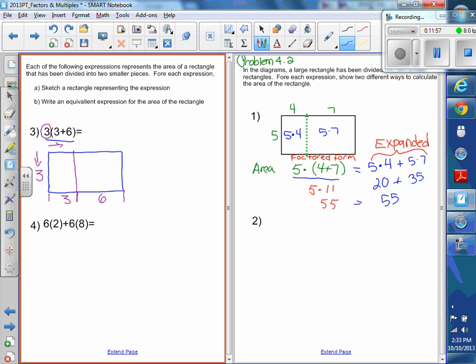Okay, so this is 3 times 3 in here. Do you get that? Right. So that would be 3 times 3. And this is 3 times 6. And so we've sketched a rectangle and we've written an equivalent, that means the same, expression for the area of the rectangle. That's what your homework's like, okay?